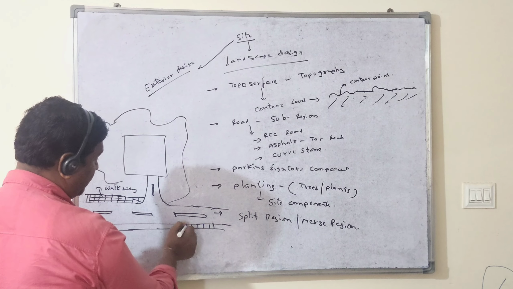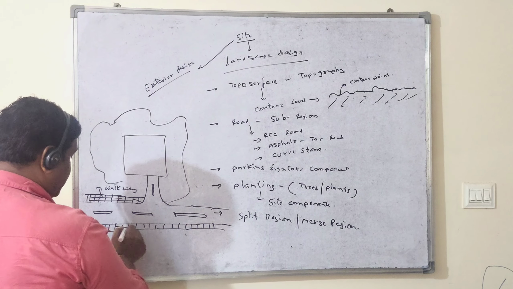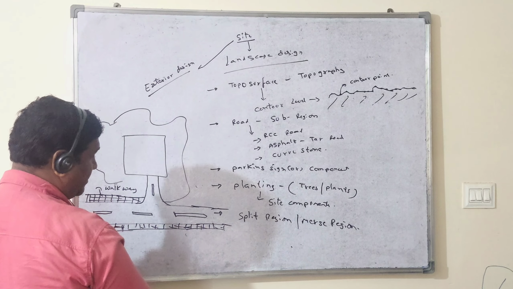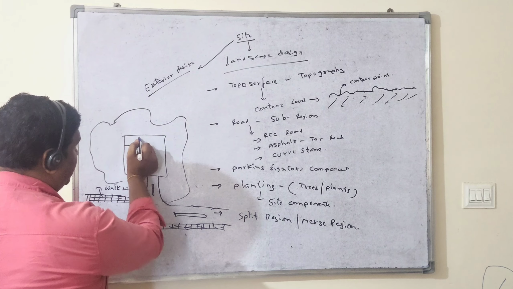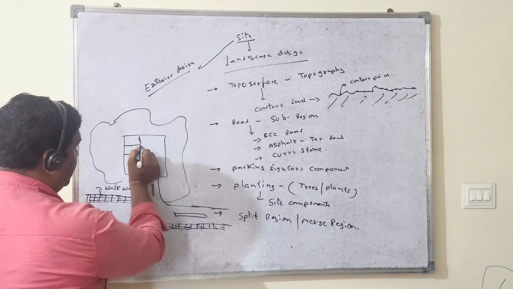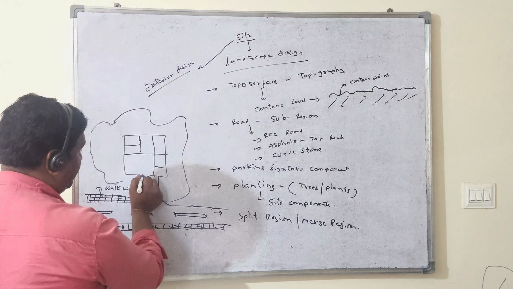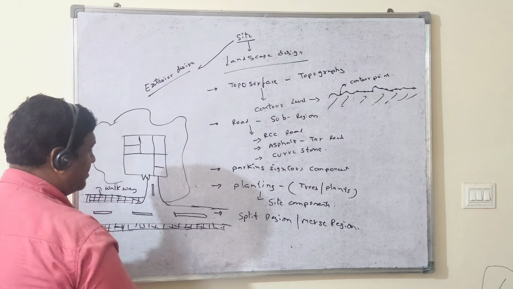So for the walkway, whatever type of curb stones are coming, you have to provide the curb stones also in that walkway. Okay, and this is your building. In the building there are different kinds of rooms, and there is an entrance, one big door. So whatever it will be there, that you have made.